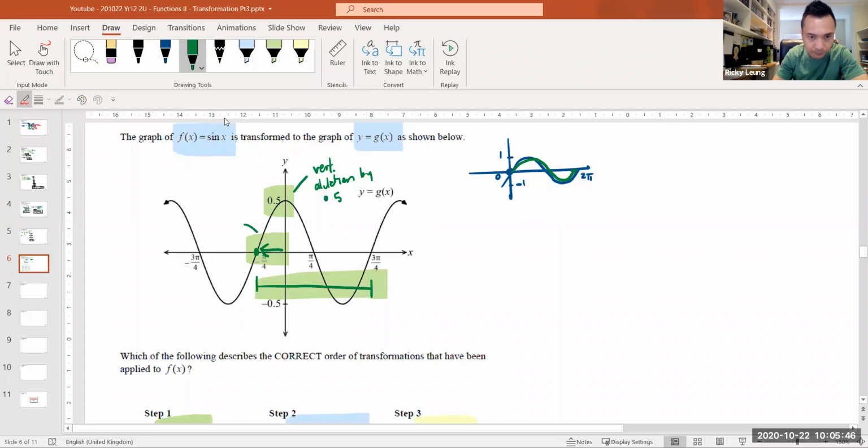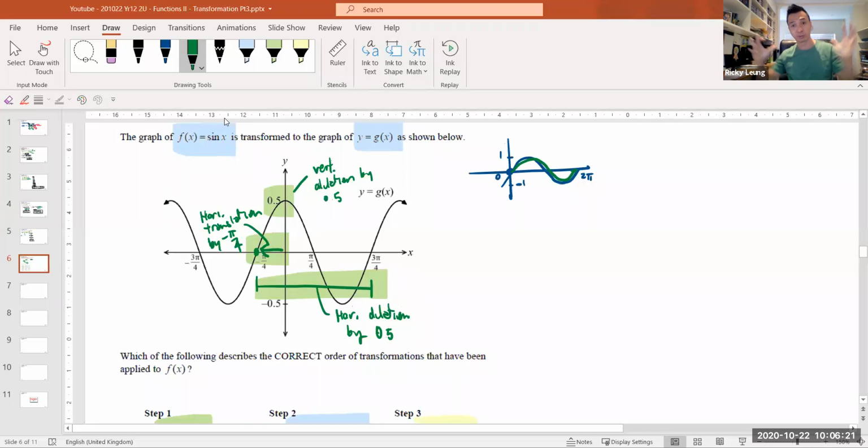That one there is a horizontal translation by minus that, and I'll say to the left in the actual answer, but by pi on 4, and that one there is a horizontal dilation. Yeah, it's a compression, right? By factor 0.5.